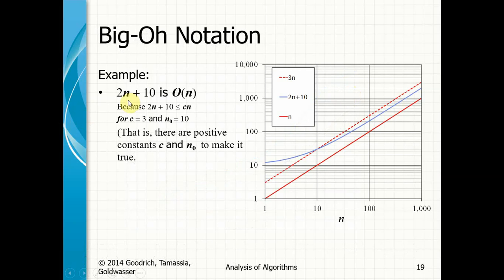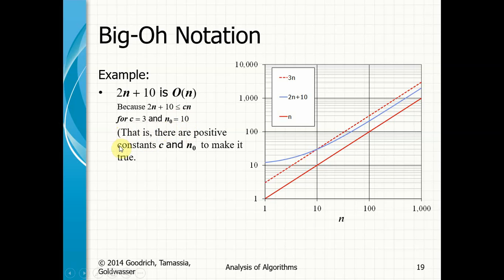So now let's see an example. 2n plus 10 is O(n). Why is it so? Because 2n plus 10 is less than or equal to cn for c equals 3 and n0 equals 10.